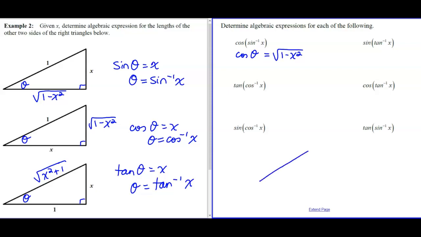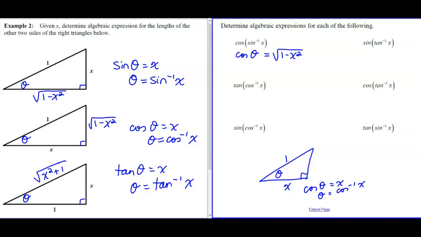So I'll draw a right triangle, and I want the cos of an angle to give me x. So cos of an angle to give me x would be that. So here cos of theta gives me x, so that means theta equals cos inverse x. That's that. So this is the triangle I want to use.